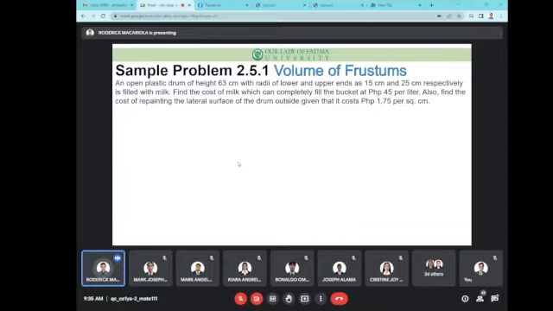So, find the cost of milk which can completely fill the bucket at 45 pesos per liter. Also, find the cost of repainting the lateral surface of the drum outside, given that it costs 1.75 pesos per square centimeter. So, bibili ka ng milk, tapos medyo hindi mo gusto yung kulay sa labas niya, so kukulayan mo rin yung plastic na drum. So how do we go about this?